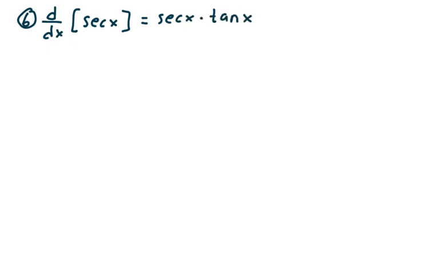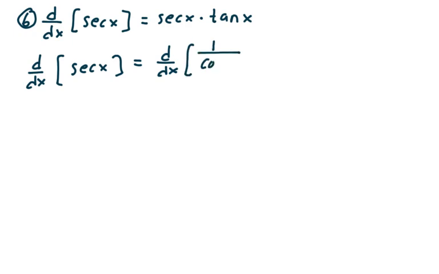Let's take a look at number 6. So I claim the derivative of secant x is secant x times tangent x, right? Okay, so my suggestion is relate it back to sines and cosines. The derivative of secant x is the derivative of 1 over cosine x.